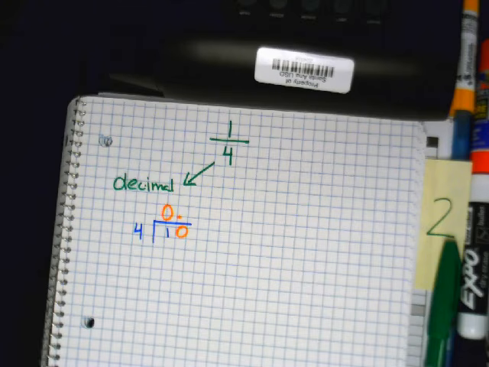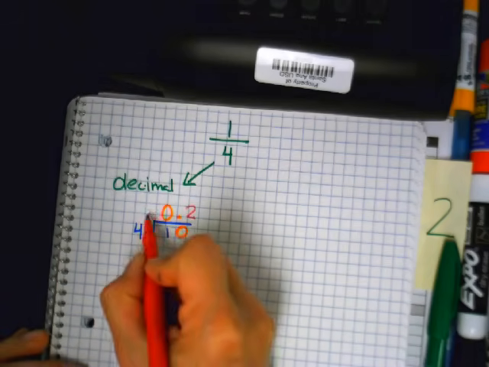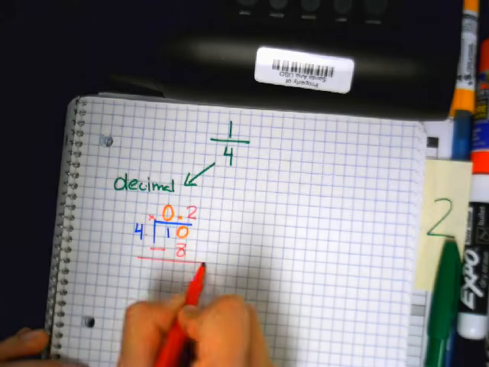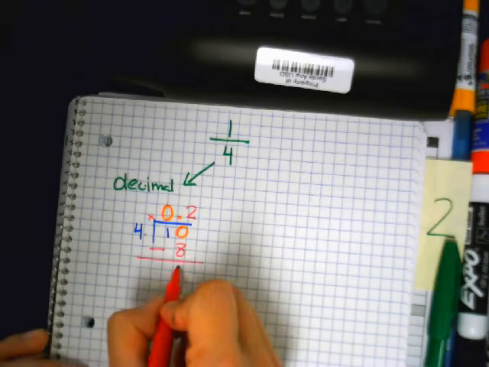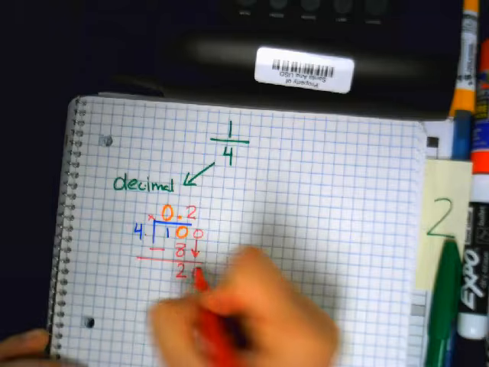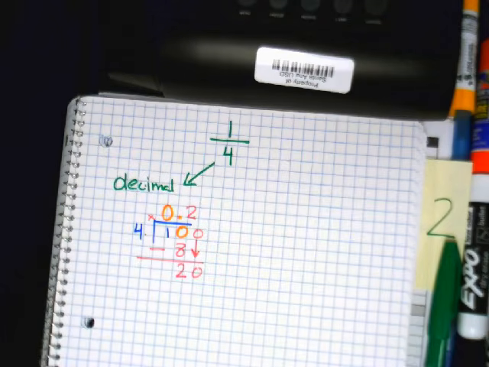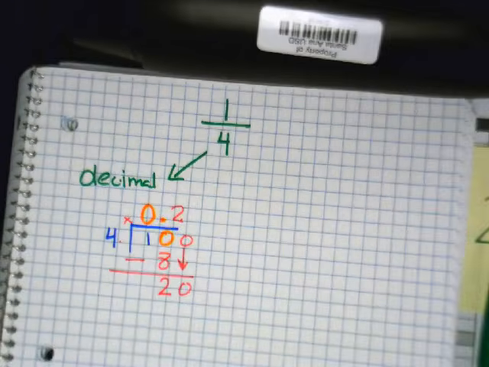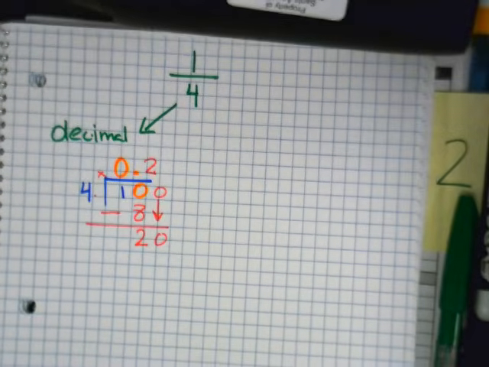All right, fill that out. So 2 times 4, 8, remainder 2, add a 0, bring it down, we have 20. How many times does 4 go into 20? 5.